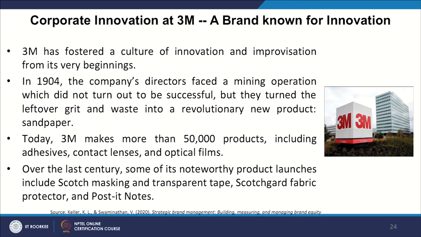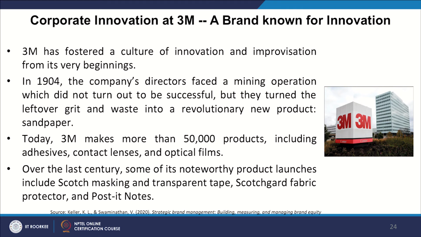Scotch Guard fabric protector and Post-it notes, several products which have become parts of our lives. We always have them around us. Probably we forget that they belong to 3M, but that is what branding is. Wherever we go, we find their products, we purchase those products sometimes without asking or saying their name, but that is how the whole situation comes in.